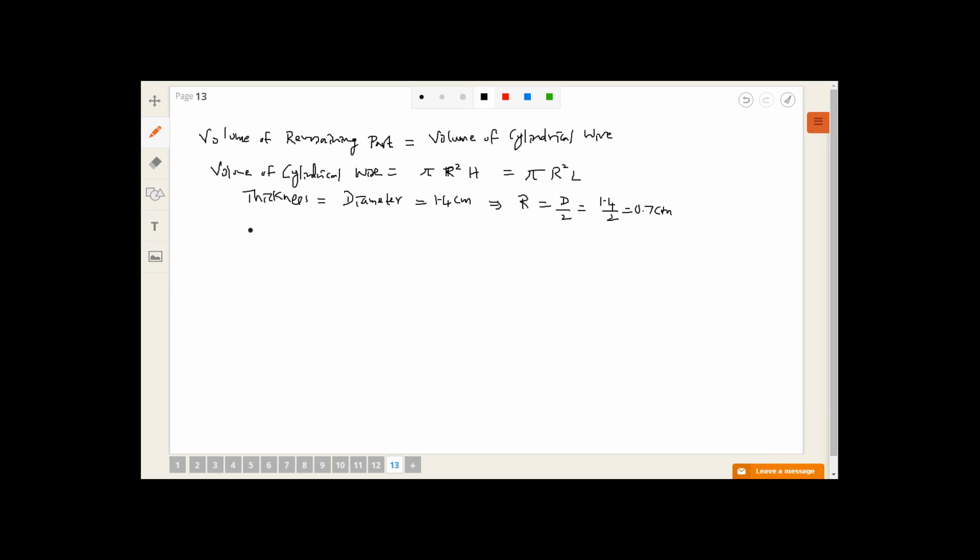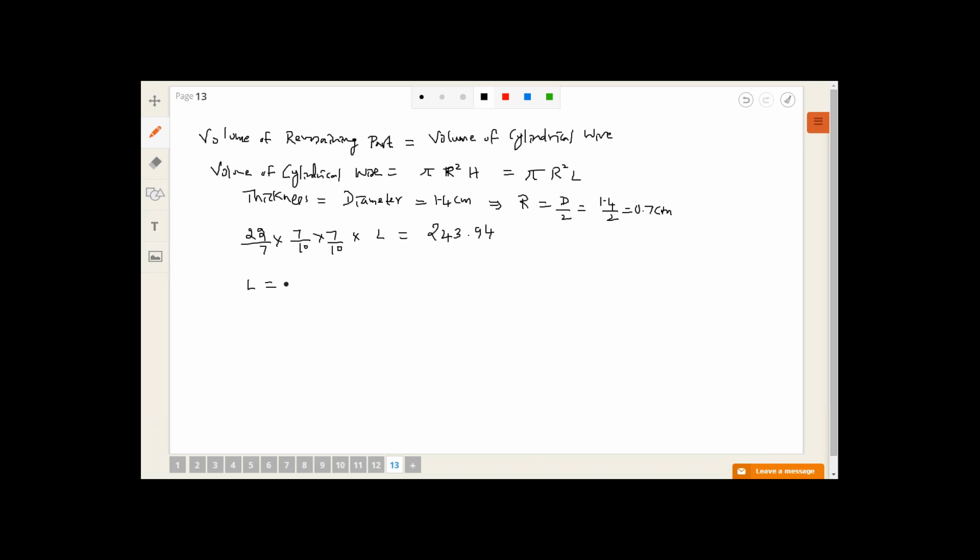So that can be written as 22 by 7 into r square, which is 7 by 10 into 7 by 10 into L, is equal to the volume of the remaining part, which we have already found out to be 243.94.